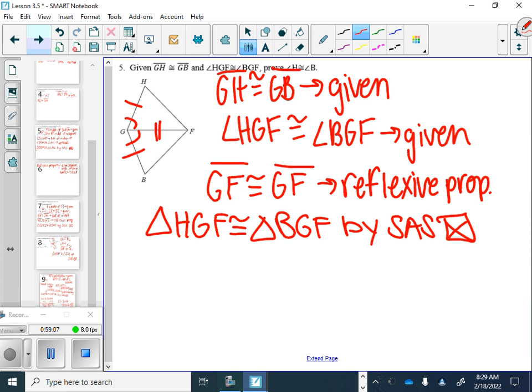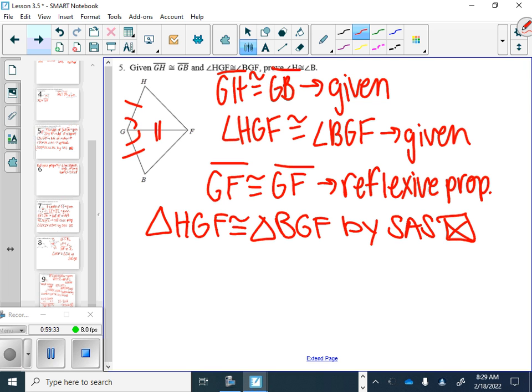Anytime you have a proof and it says prove that some of the parts are congruent, that's where you're going to use that thing we talked about on the very first thing on the front page, that CPCTC. Because I've said that these triangles are congruent, now I can say that the corresponding parts are congruent. So are H and B corresponding parts? Angle H and angle B?